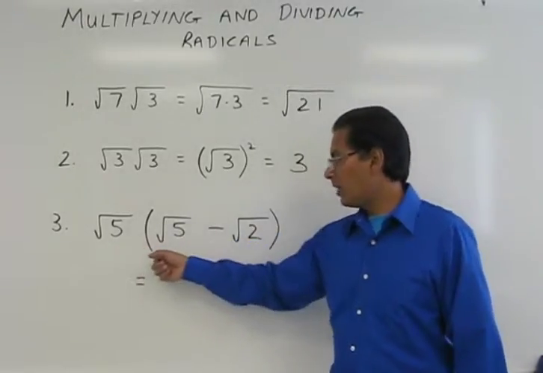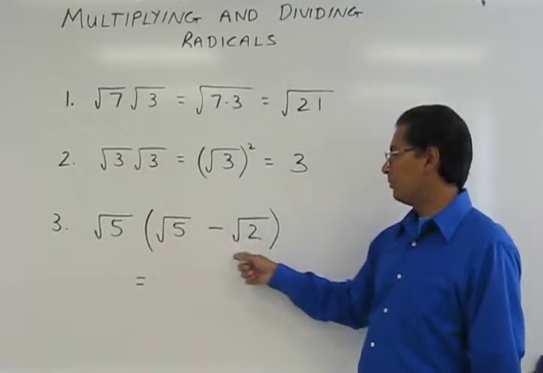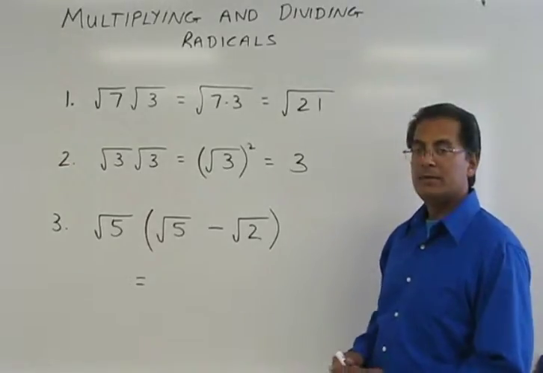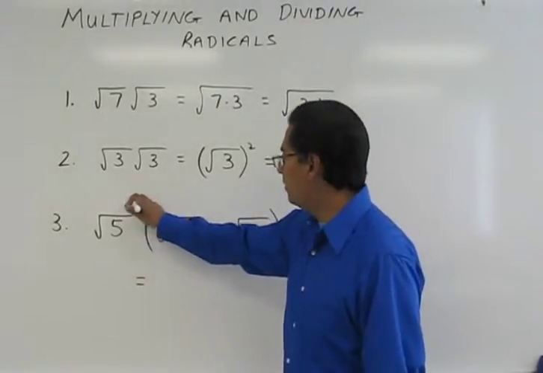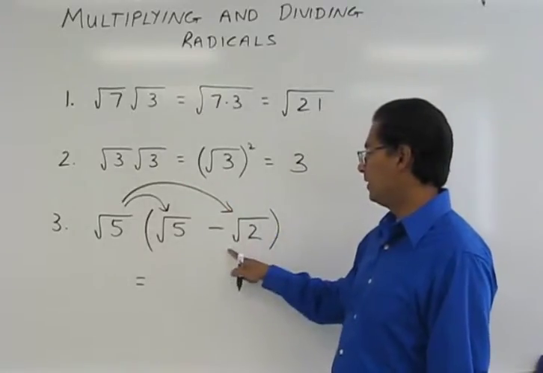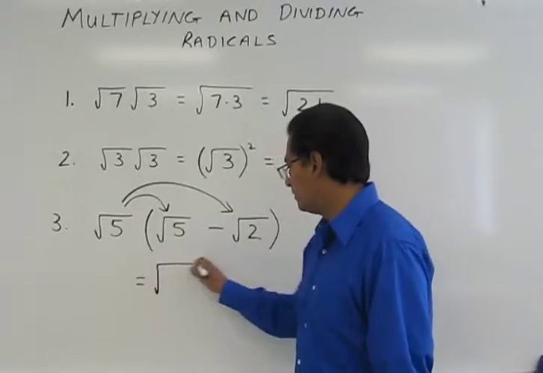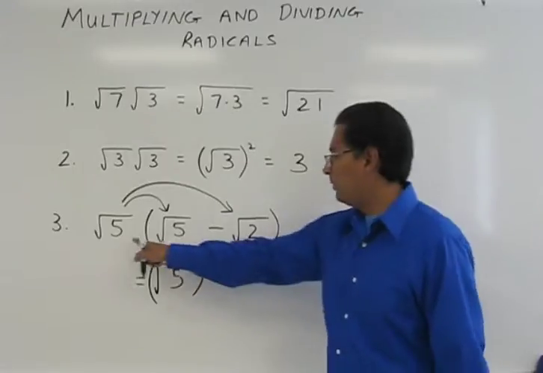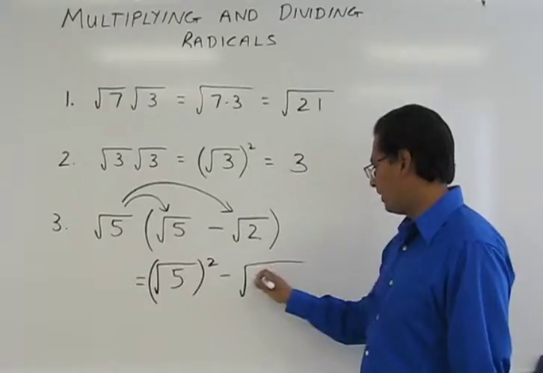Here we're going to use the distributive property. The square root of 5 times, in parentheses, the square root of 5 minus the square root of 2. So we can distribute the square root of 5 just like we did before. Using the distributive property, we multiply the square root of 5 times the square root of 5 and the square root of 5 times negative root 2. So we'll have the square root of 5 all squared, minus, if we combine root 5 and root 2, the root of 5 times 2.